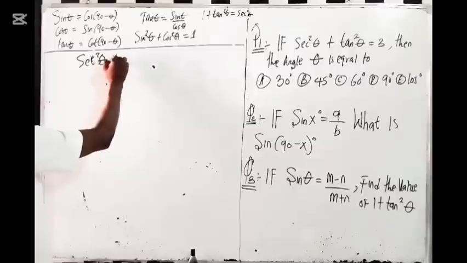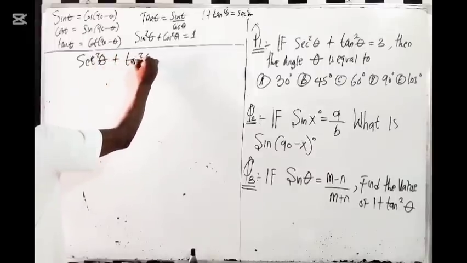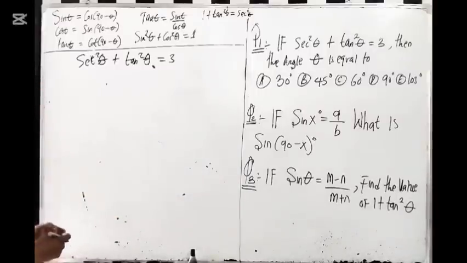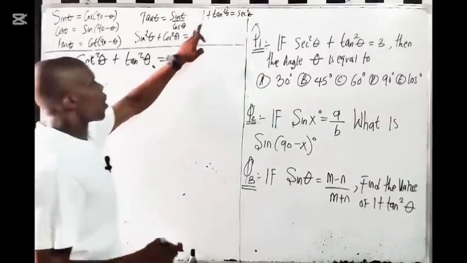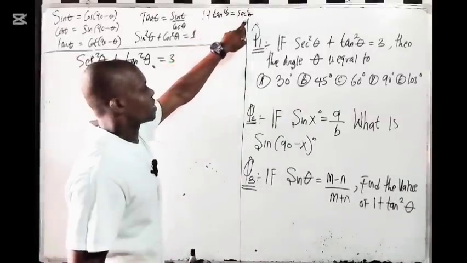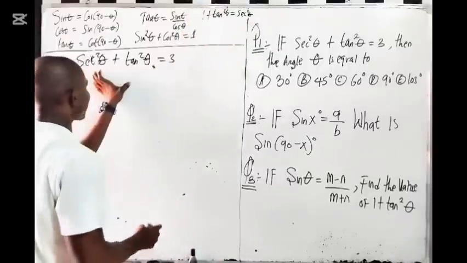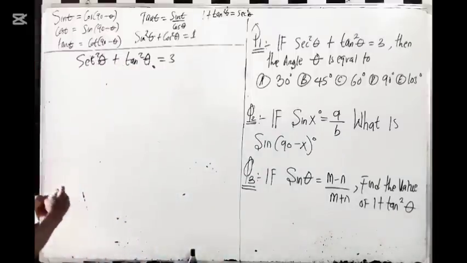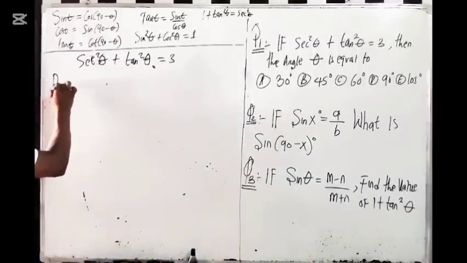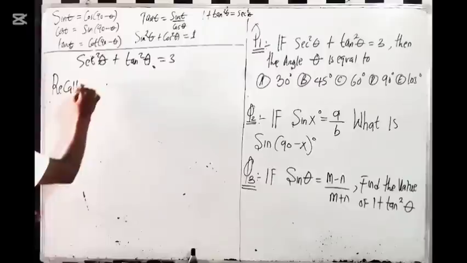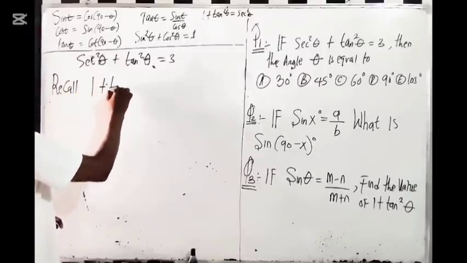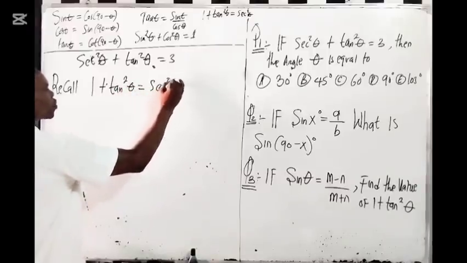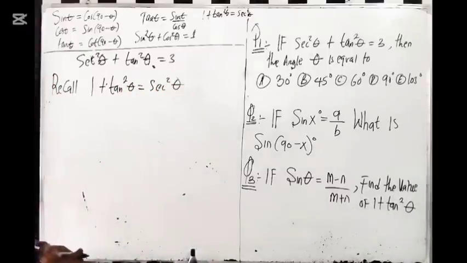So we have sec squared theta plus tan squared theta equals 3. Now remember, in the trig identities, we know that 1 plus tan squared theta equals sec squared theta. If you look at this one here, this guy fits this guy. So if I write this one out here, recall: 1 plus tan squared theta is equal to sec squared theta.